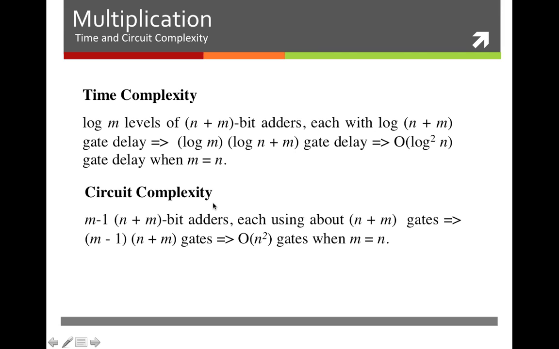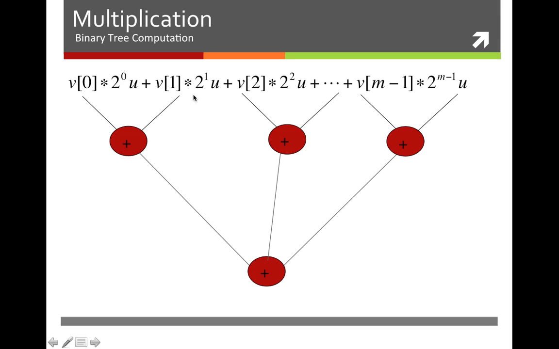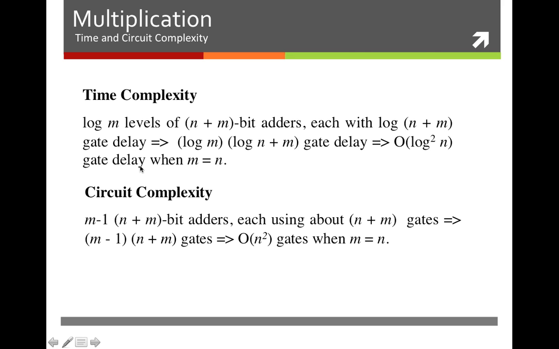Now, circuit complexity, again, if you look back at this tree, the width of this tree at the top is m, so the number of vertices here, the red circles, would be about order m. So now you have to multiply m by the complexity of each vertex. The complexity of each vertex will, of course, be that of a Brent and Kung adder, and that will be order m plus n terms. And so you have to multiply basically m minus 1 by n plus m.